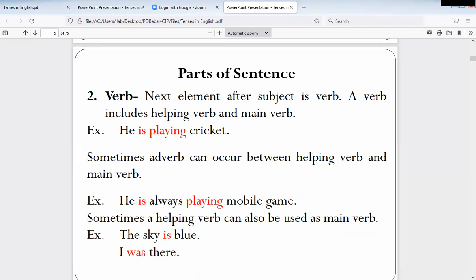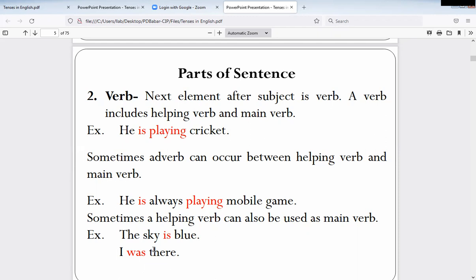Here was is the auxiliary verb, and it works as the main verb in this sentence. Why is it so? Because we don't have a main verb in this sentence, so the auxiliary verb works as the main verb. So the auxiliary verb has the ability to work as a main verb in the sentence also.